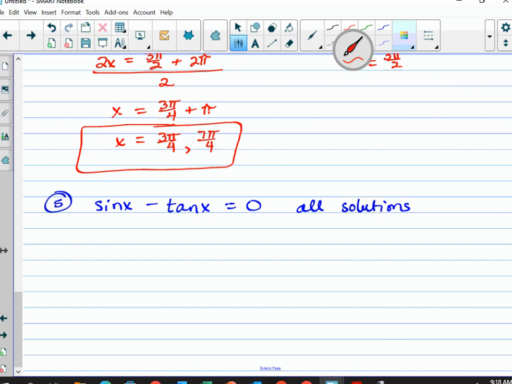All right, guys, let's look at this. There are lots of ways you can get there. One way is you could move the tangent over. Where on the circle is sine equal to tangent? I don't think any of us did it that way.